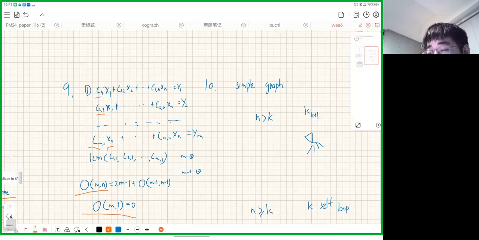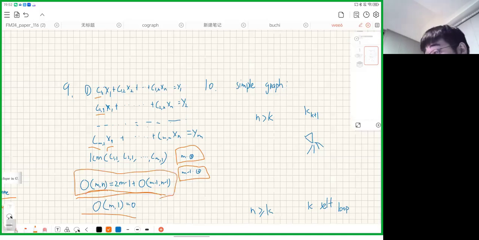We have m equations with m multiply operations, and m minus one additions or subtractions to do this. Then we have n minus one variables and m minus one equations. So we get this recurrence. This is our answer for question 9.1.